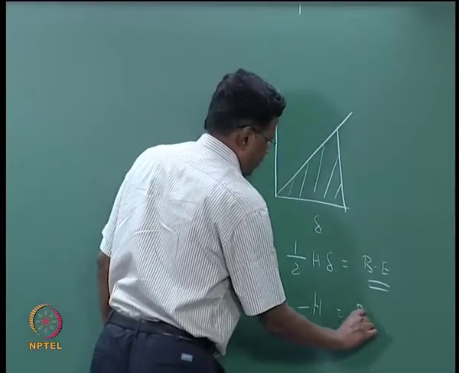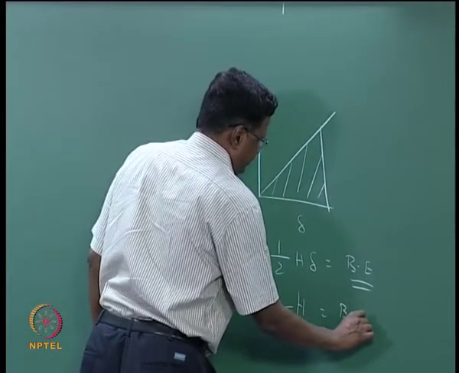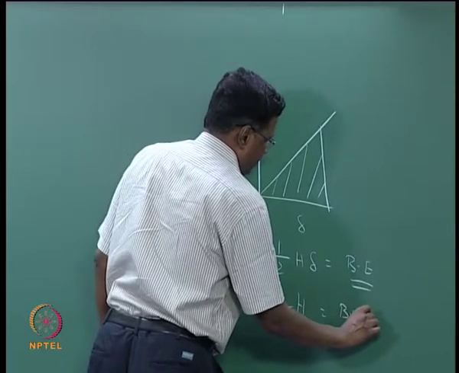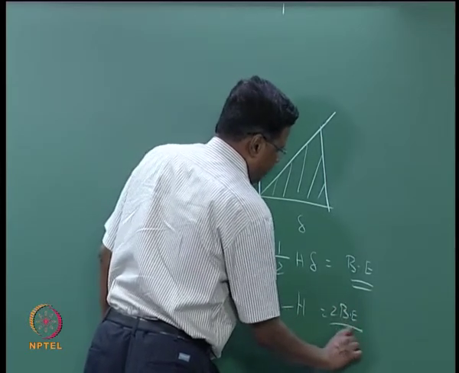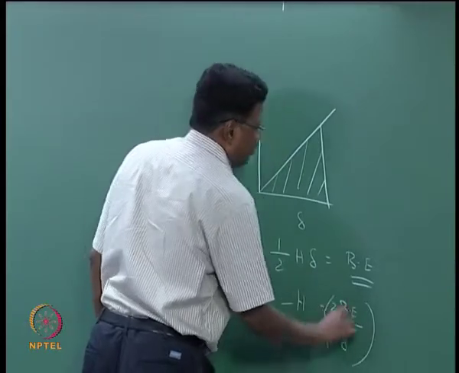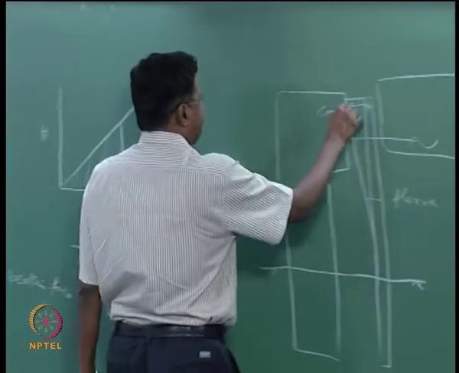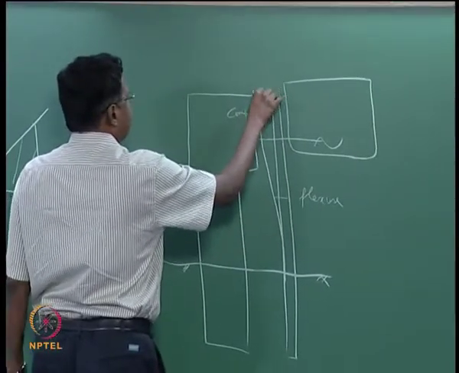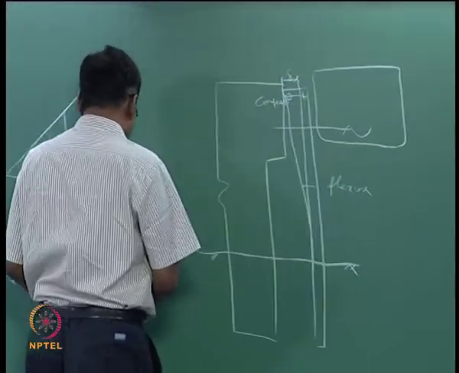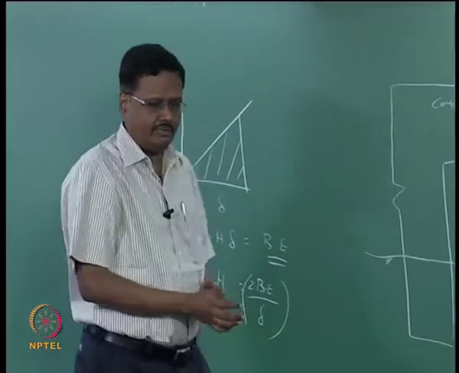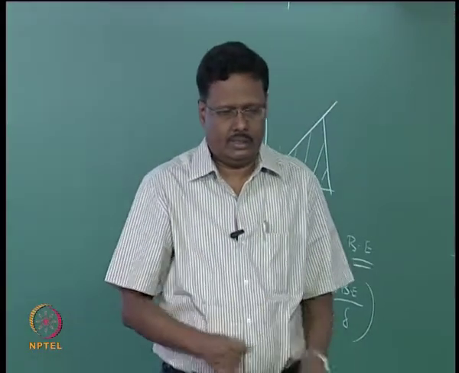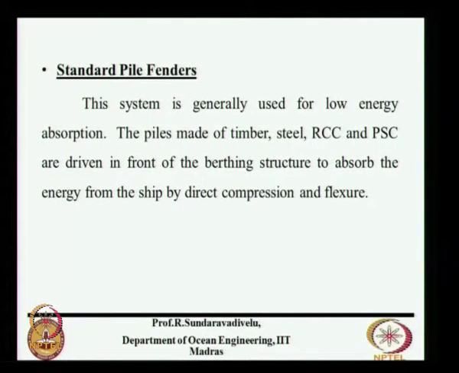It is equal to 2 times the berthing energy divided by delta, depending on the deflection you are getting here. Calculate the energy and find out. It is used only for small types of vessels.